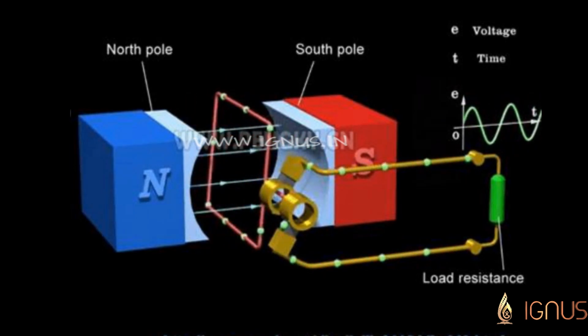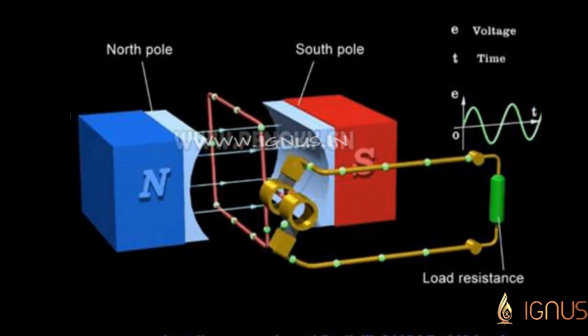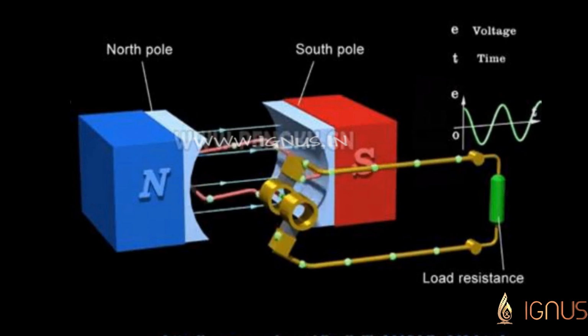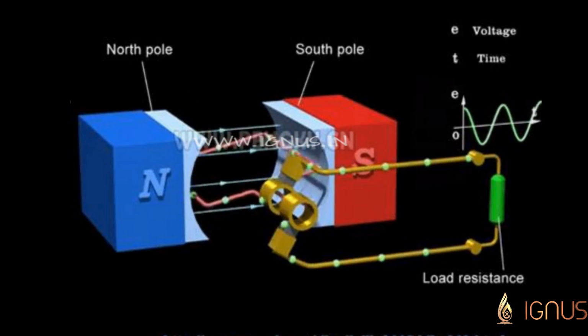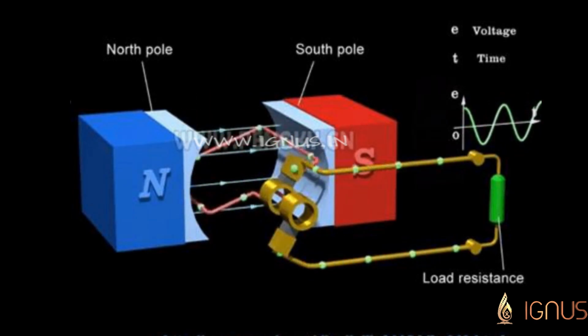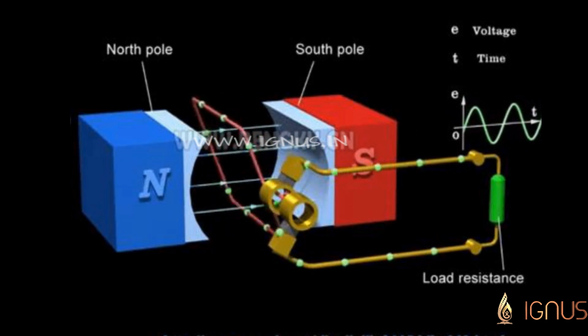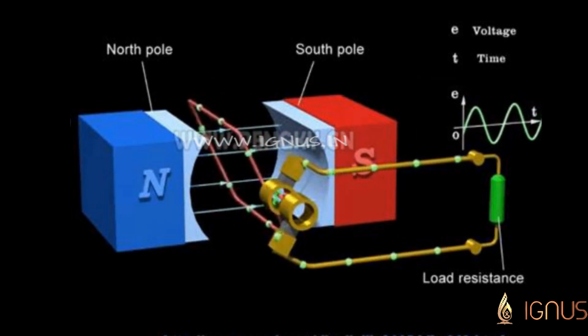After a half rotation, the direction of induced current in the coil changes. Thus, after every half rotation, the polarity of the current in the arms changes. Such a current, which changes direction after equal intervals of time, is called alternating current. This device is called an AC generator.